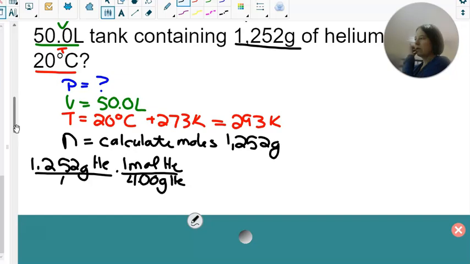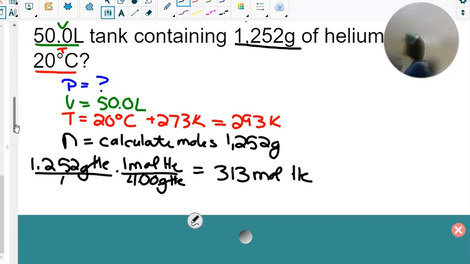So then the grams helium cancels out, and I'm left with how much? 313 moles helium. So that equals 313 moles.